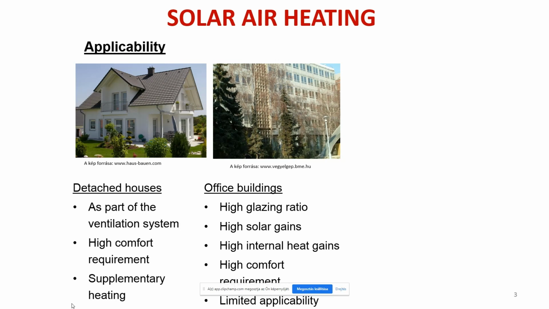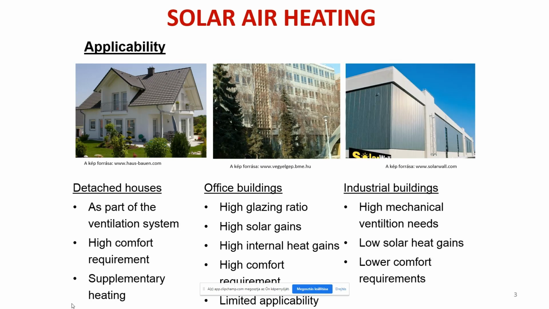The higher the glass surfaces are, the more intensive the solar utilization is. So in the case of an office building, solar air heating is not the most useful thing in the building's energy balance.